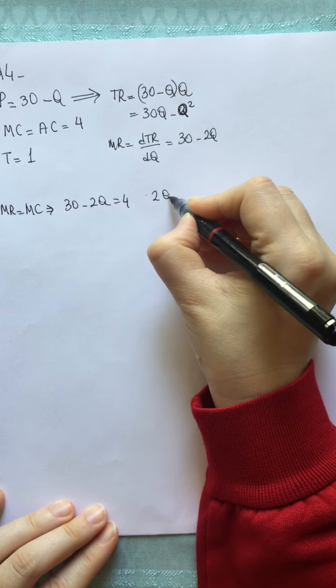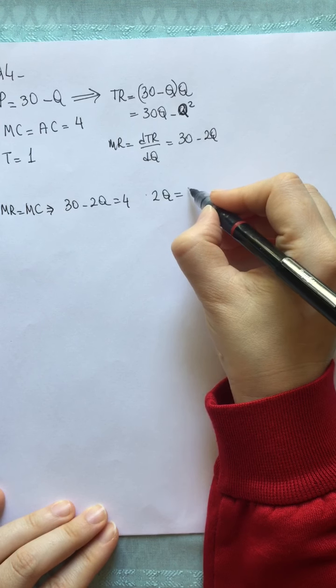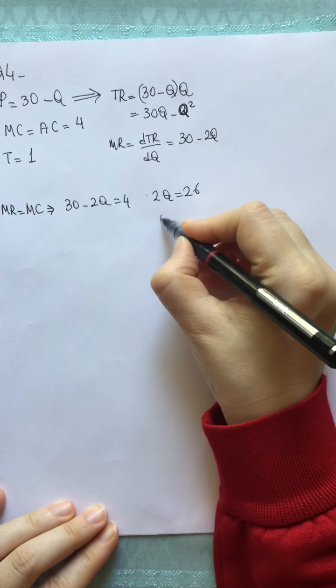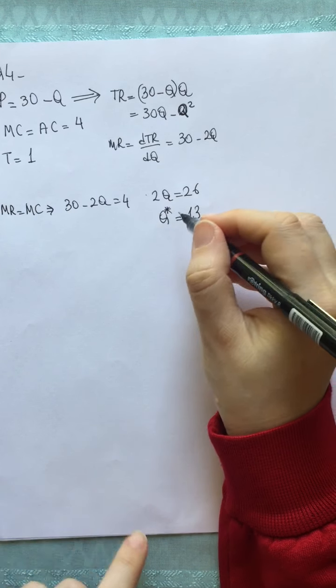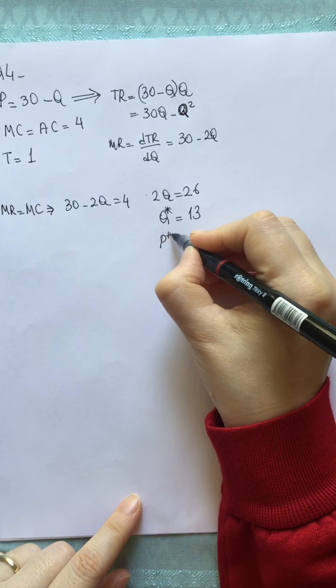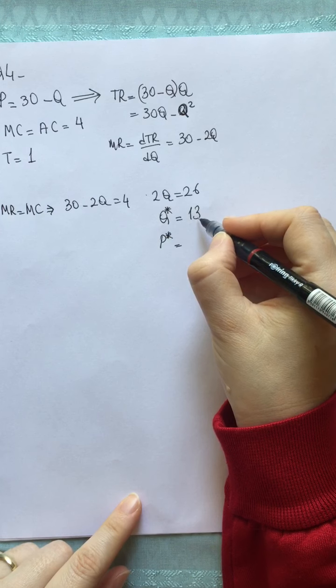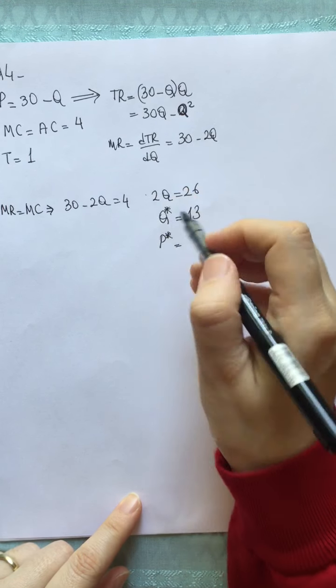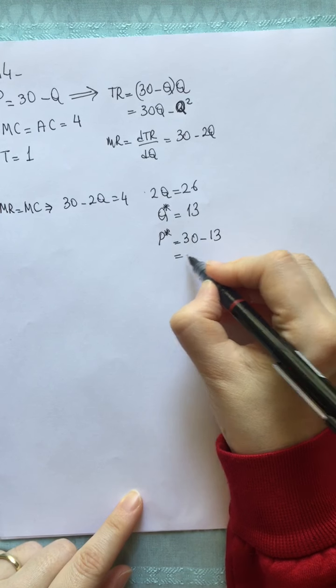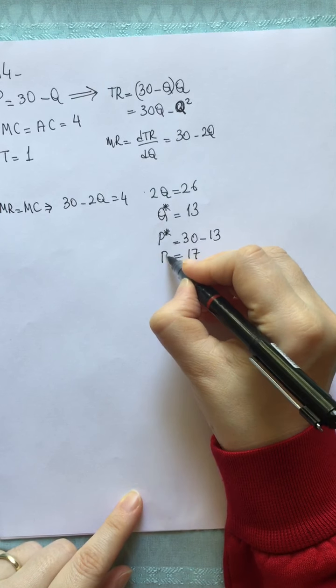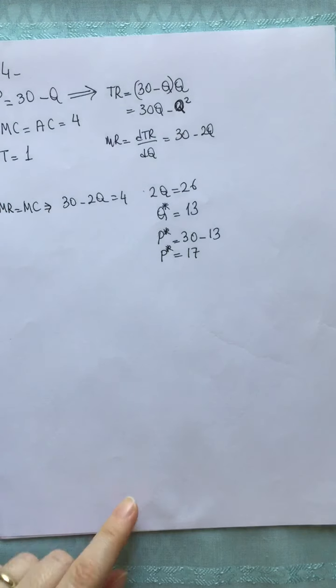So 2Q equal to 26, and the profit maximizing level of output is 13. And the profit maximizing price, we will substitute that value into the inverse demand function, 30 minus 13, which is 17. Profit maximizing price is 17.